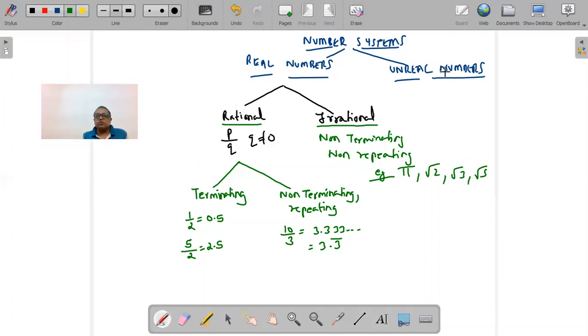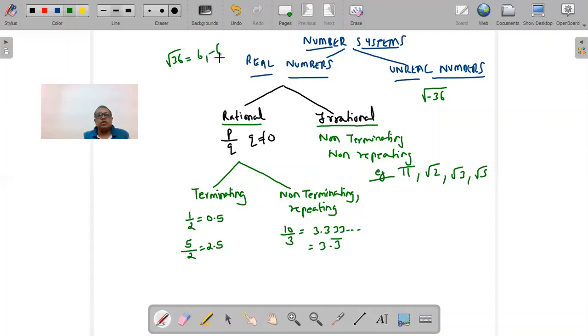And just for your knowledge, although this comes in class 11, you should know what unreal numbers are. Numbers which are imaginary or complex are called unreal numbers. For example, if I take the root of a negative number, that is an unreal number. When I normally take the root of a number, let's say root 36, I will get 6 and minus 6. Up to last year, you were doing only the positive case.